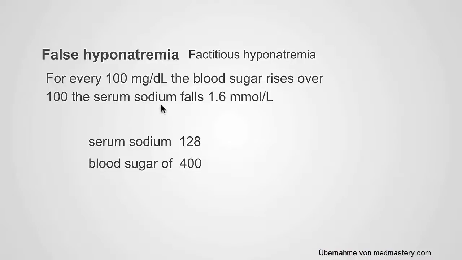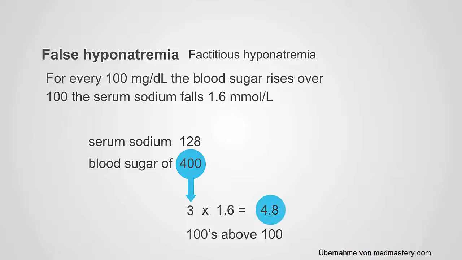What you do is that for every 100 that the blood sugar is above 100, you add 1.6 to the measured sodium. So with 400, we have 3 100s above 100. 3 times 1.6 is 4.8. 4.8 plus 128 is 133. So this sodium of 128 really represents a sodium of 133 if the glucose was normal.